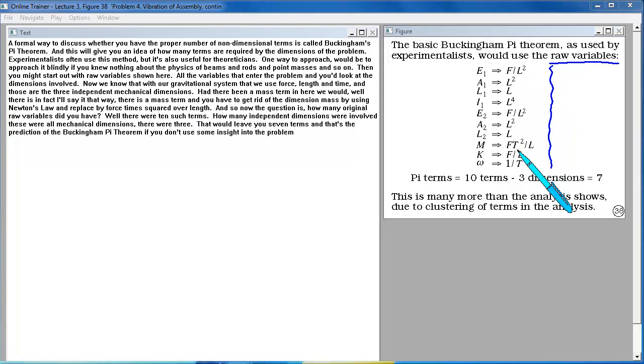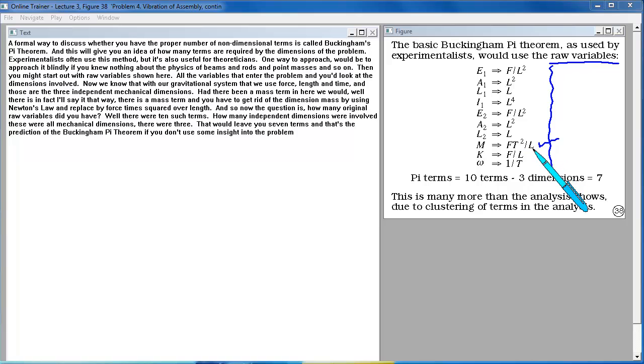Now we know that with our gravitational system we use force, length, and time, and those are the three independent mechanical dimensions. Had there been a mass term in here, we would, well, there is, in fact. There is a mass term, and you have to get rid of the dimension mass by using Newton's law and replace it with force times time squared over length.